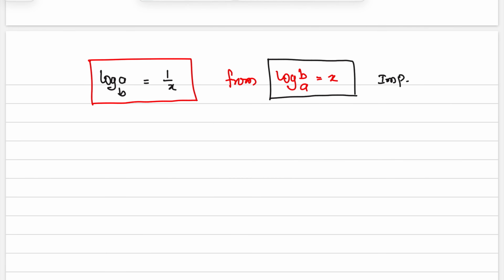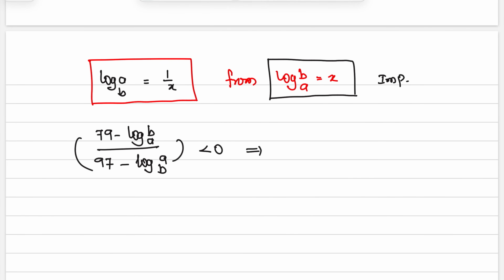Now by replacing the logarithms with the value of x in the given inequality, (79 minus log b to the base a) divided by (97 minus log a to the base b) less than 0 implies (79 minus x) whole divided by (97 minus 1 by x) is less than 0.